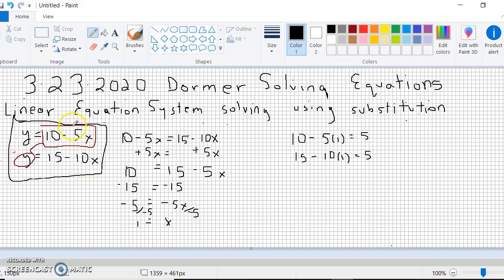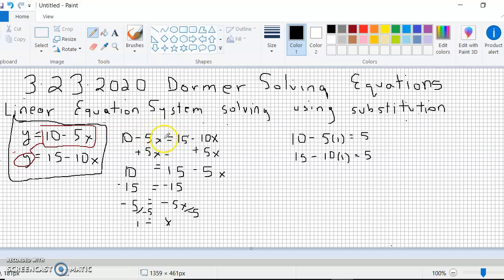And what we're going to do is a substitution. So we're going to start out by substituting 10 minus 5x into y. All right, and so you end up with 10 minus 5x, because x is y, and y is equal to 15 minus 10x. So they're equal.